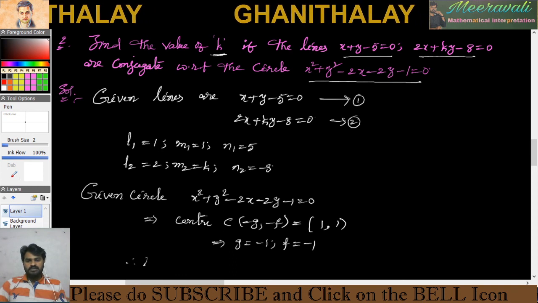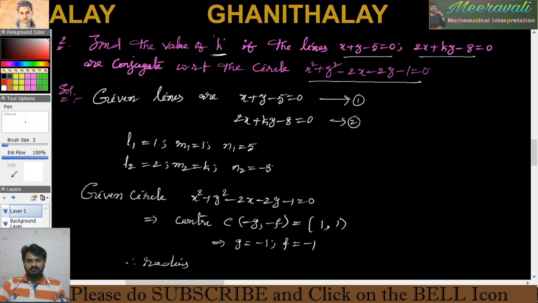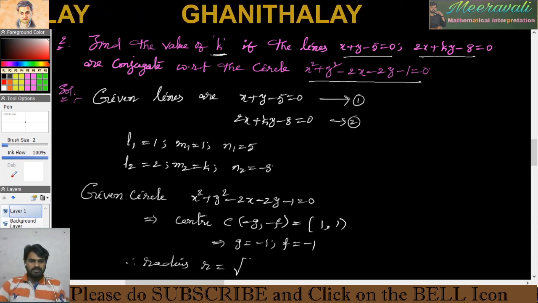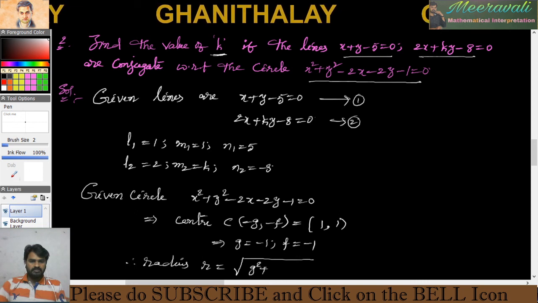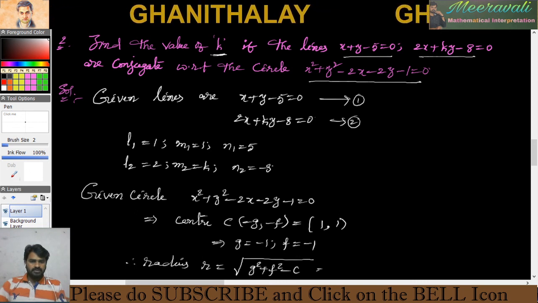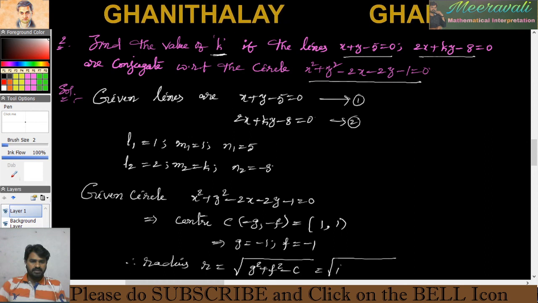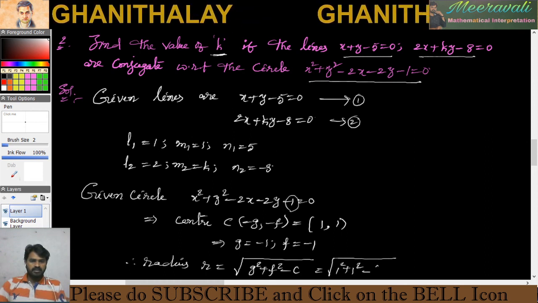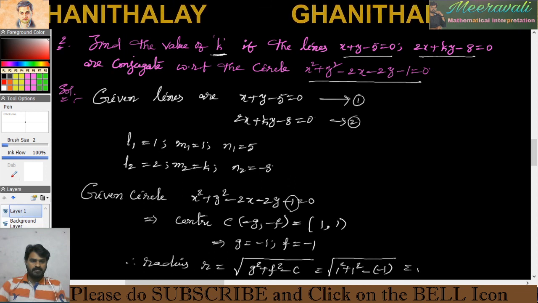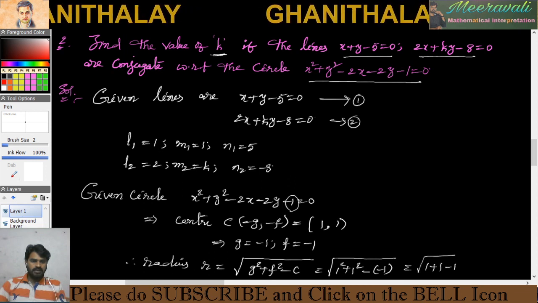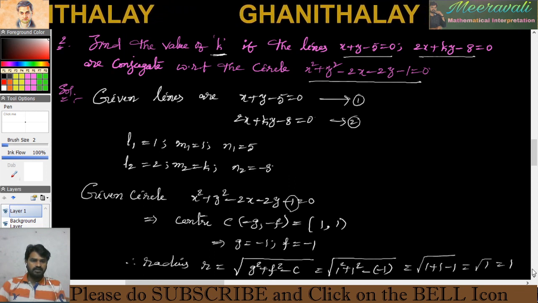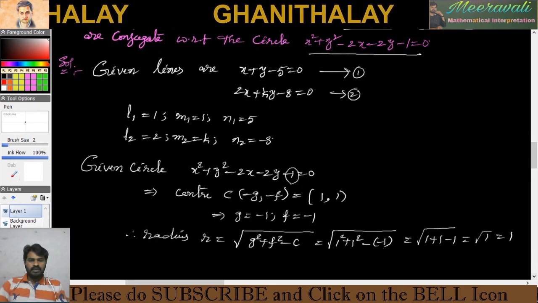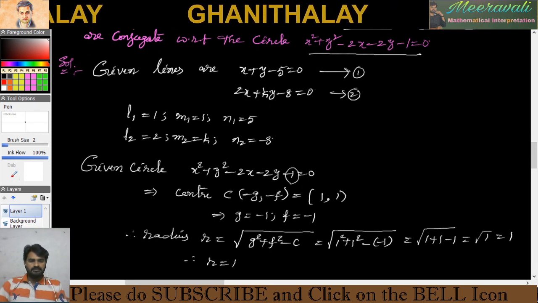Next, radius, r is equal to square root of g square plus f square minus c. So g square means 1 square plus 1 square minus c, where the constant is minus 1, so minus of minus 1 is plus. That is 1 plus 1 minus 1, that is root 1 is equal to 1. So you got radius r is equal to 1.